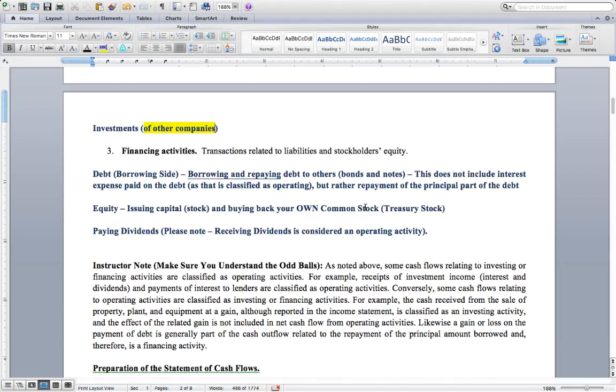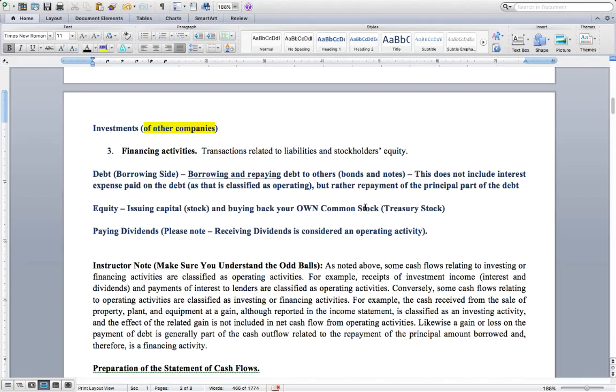Think of it as student loans. When you pay student loans, you borrow from a company and you repay the company the principal back. So it is considered financing because for you to go to school, you need the money to pay for your tuition. So you are financing your education. Similar to think of it as a car payment.